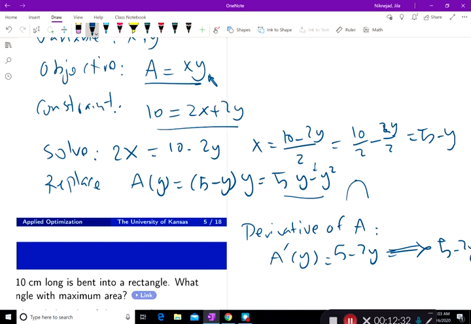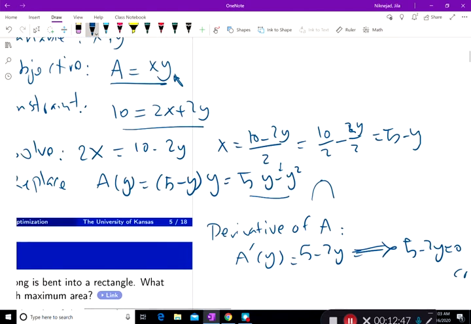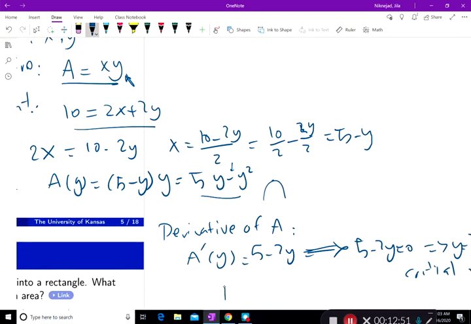If you remember the picture, when we have one side equal to half of the wire, the area becomes 0, and you can't do better than that anymore. And y cannot be less than 0, so the domain is basically 0 to half of the length of the wire, which is 5.